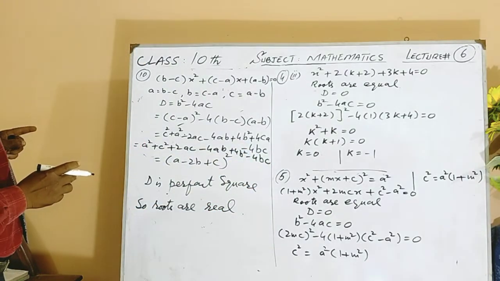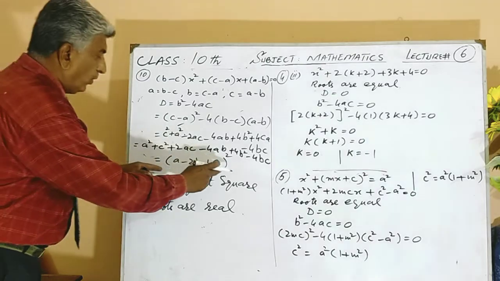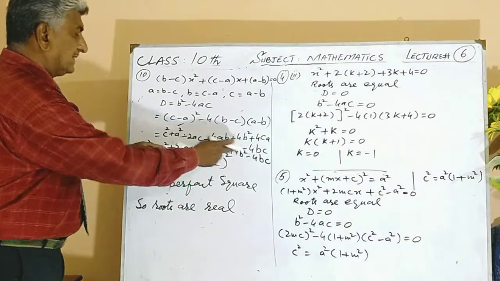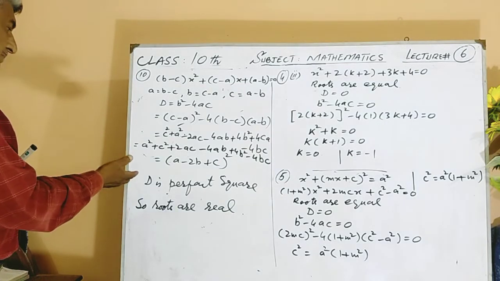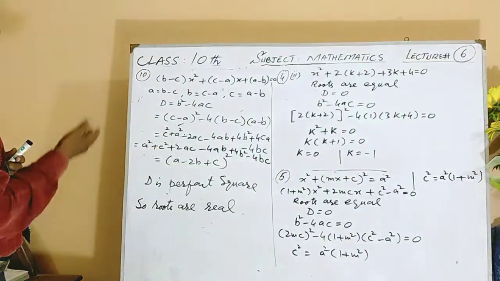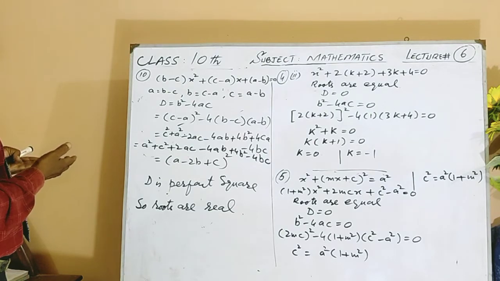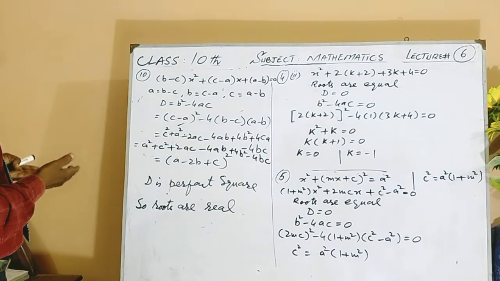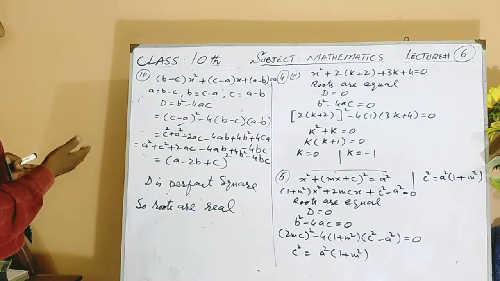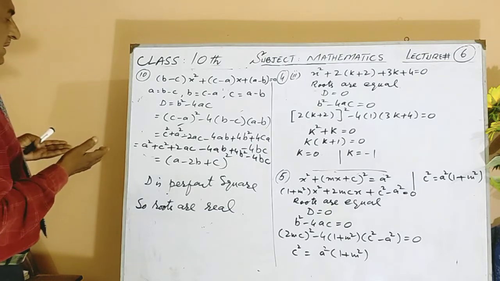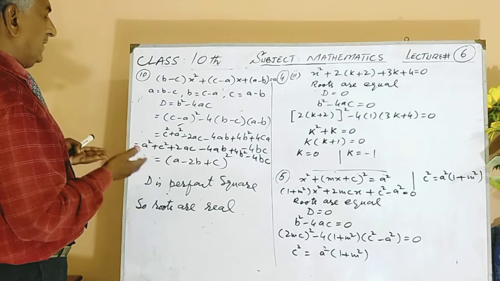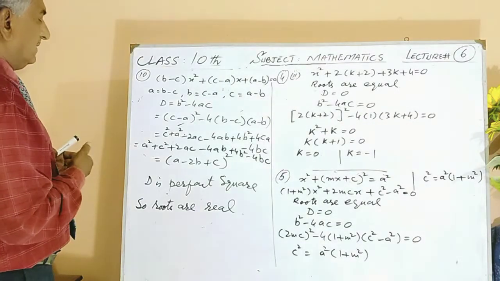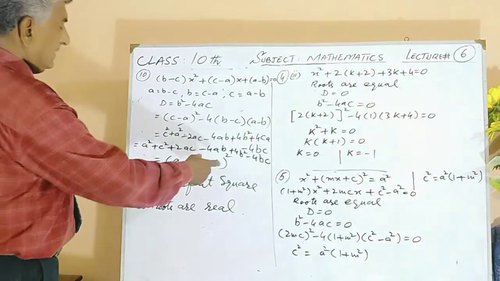So if you open this square, you will get the same result. a square plus 4b square plus c square, then minus 4ab, then you will get plus 2ac, then you will get minus 4bc.